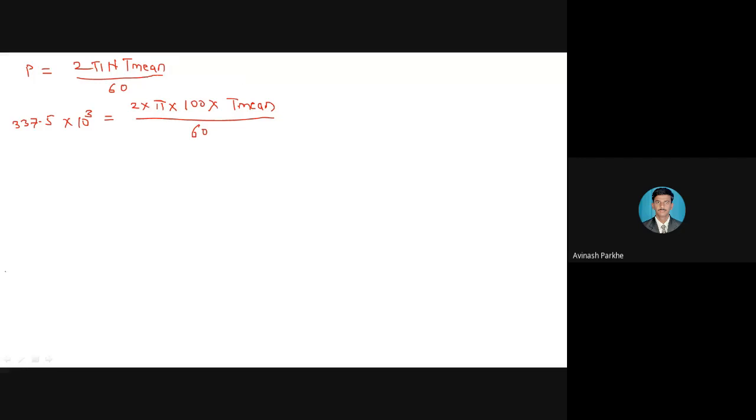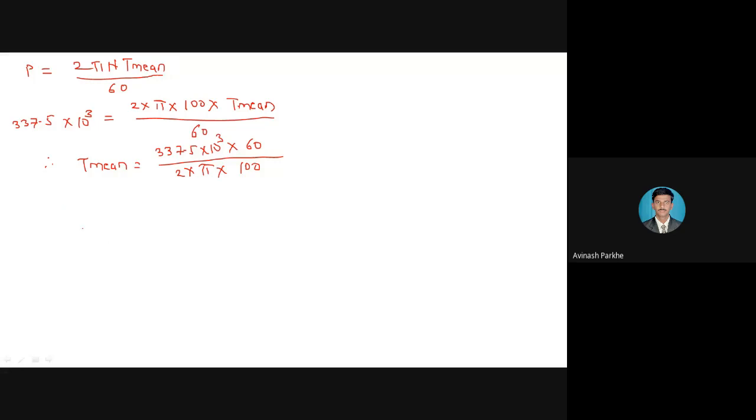As I have to calculate the torque, that is T mean, I will write the equation. T mean is equal to 337.5 into 10 raised to 3 into 60, divided by 2 into pi into 100. So you will get the value of T mean.